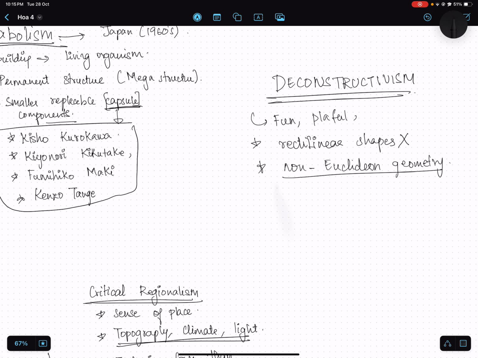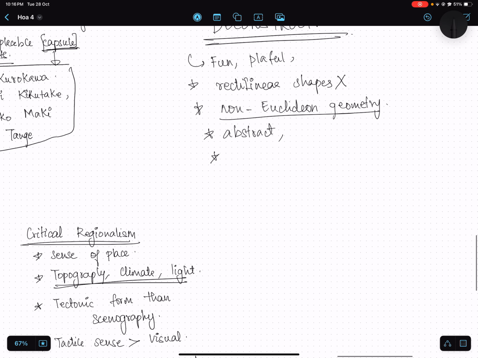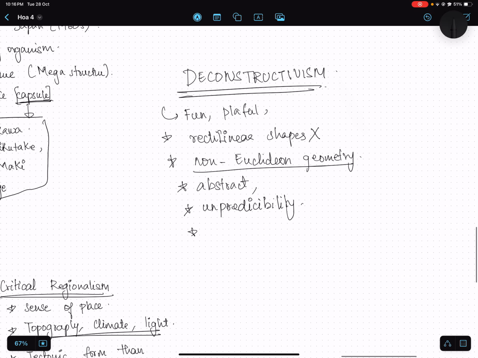So they had a lot of curves, not just curves, but they were more abstract in shapes. And you could say it is unpredictability of the design, or it is also called controlled chaos.